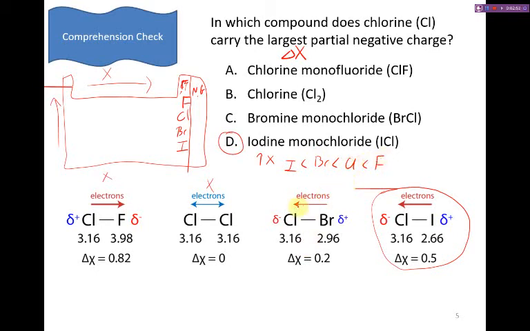And the larger the difference, the distance on the periodic table, the larger the difference in electronegativity. So while you would not need the actual values, you could have solved this by knowing that the fluorine is more electronegative, so it has to have the negative charge. And then iodine to chlorine is a larger difference than iodine to bromine.